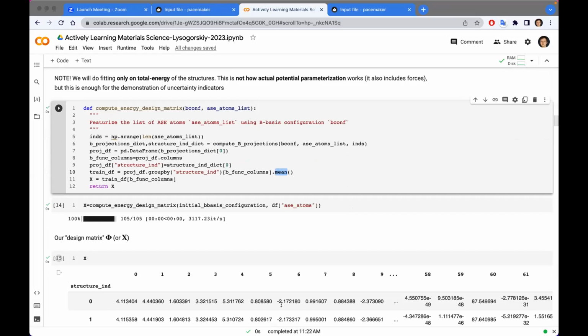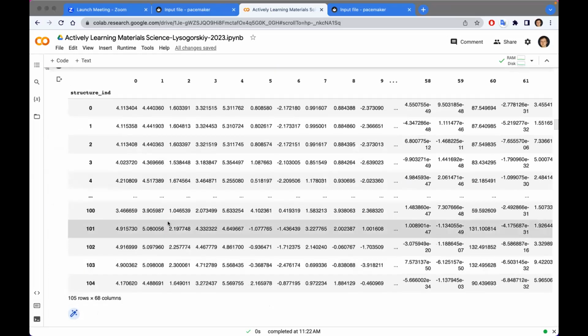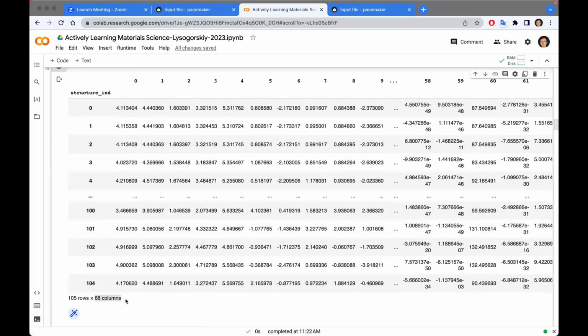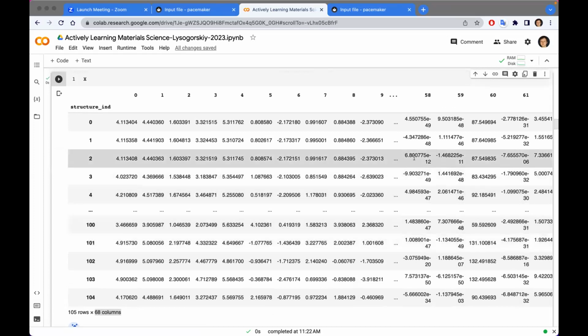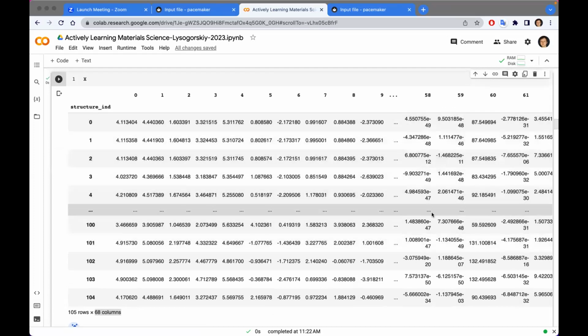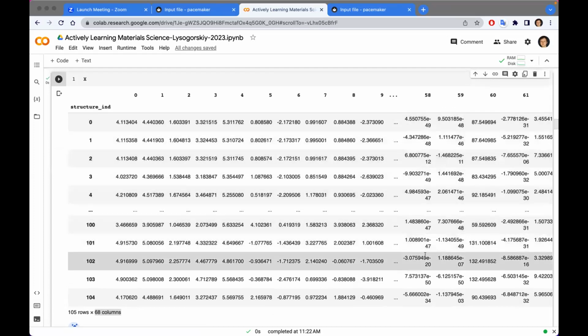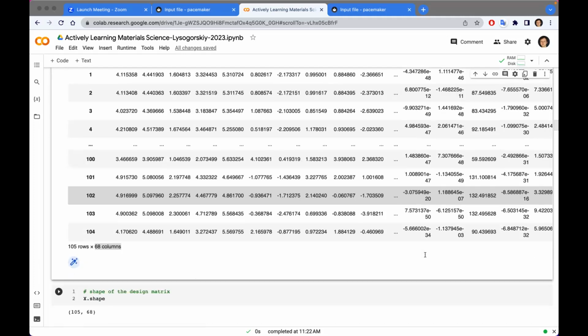So that's why I end up with 105 rows, and we have 68 columns, so one for each basis function. And as you can see, for example, higher order basis functions are close to 0, just because this data set is not that diverse and highly symmetric. That's why these high order functions could be close to 0, but it's just a problem of the particular data set.